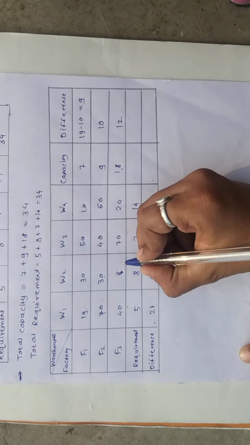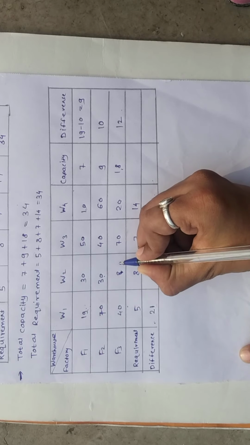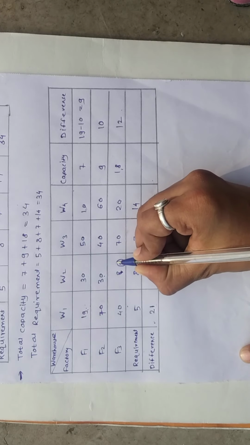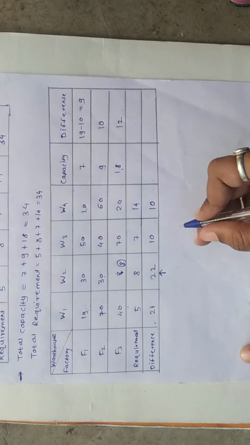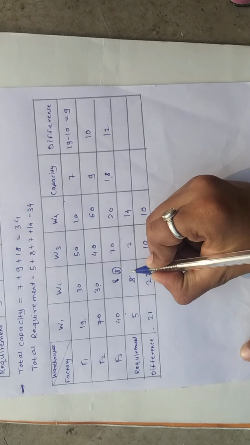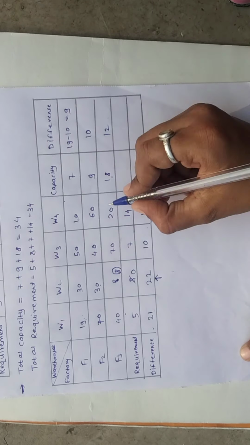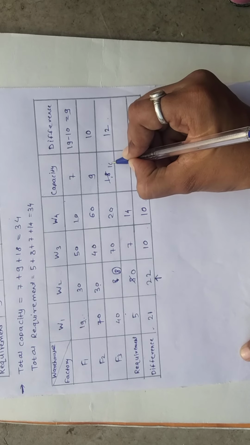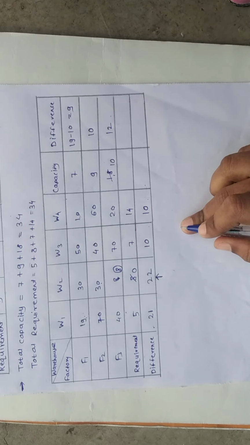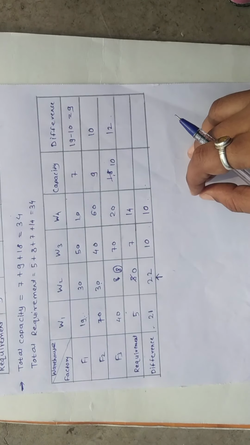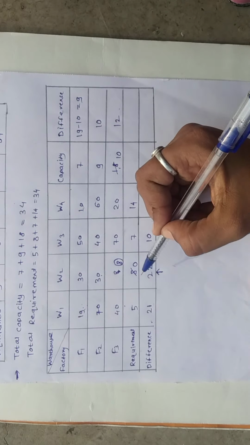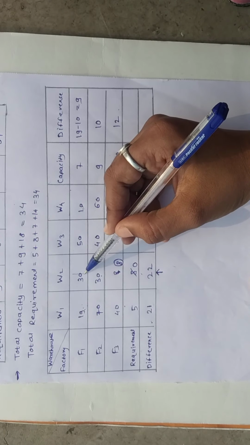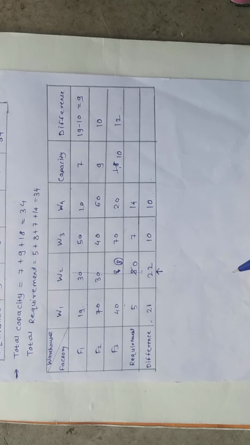So the minimum of capacity and requirement is 8. So we allocate 8 here. So 8 minus 8 is 0 and 18 minus 8 is 10. Here the requirement is satisfied, so we cancel this column.